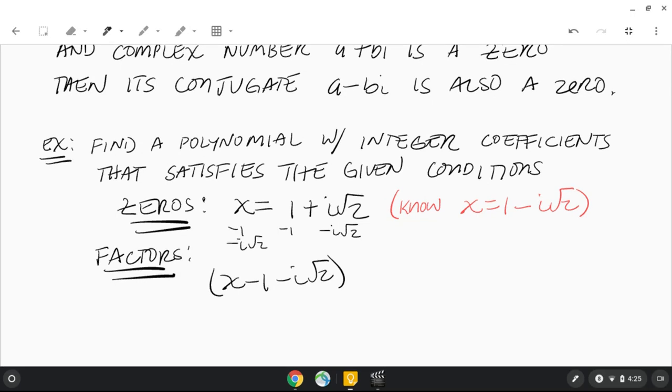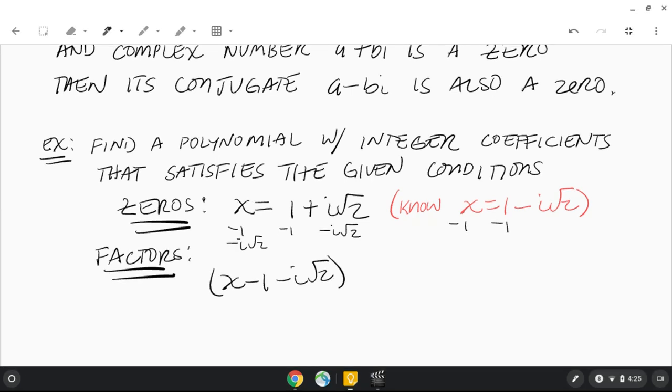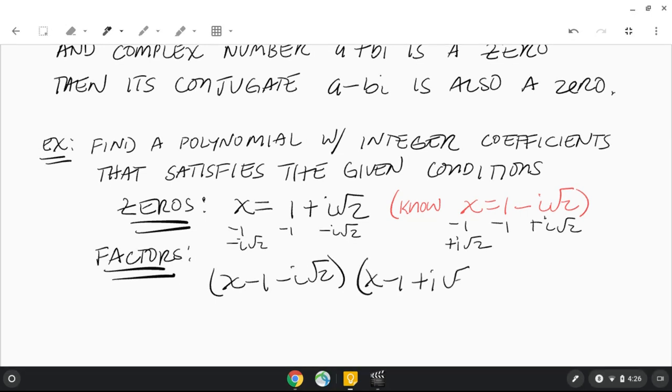And over here, for the other one, I'm going to subtract 1 on both sides, and add i square root 2. So my second factor is going to be x minus 1 plus i square root 2.